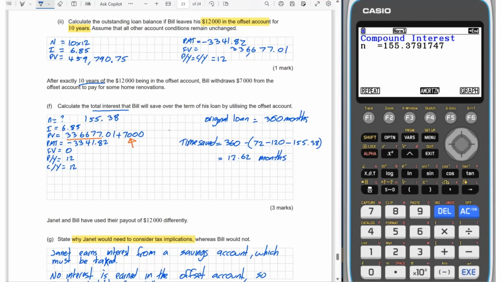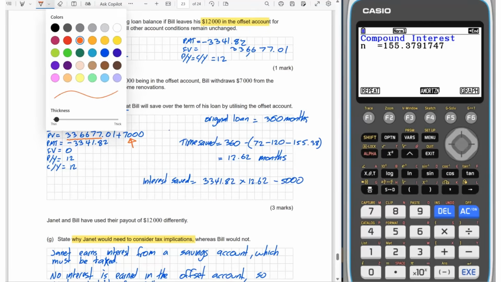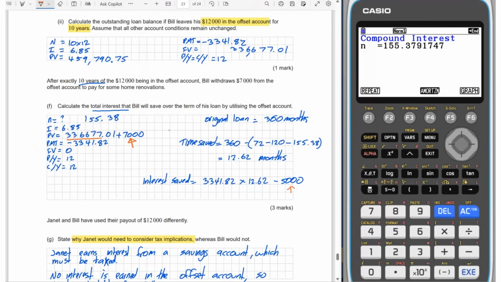Which means that if that's the time saved, then the interest saved is going to be the $3,341.82 that he pays for those 12.62 months. And then we have to subtract the $5,000. That's the amount left: he had $12,000 in the offset, and then he took out the $7,000.